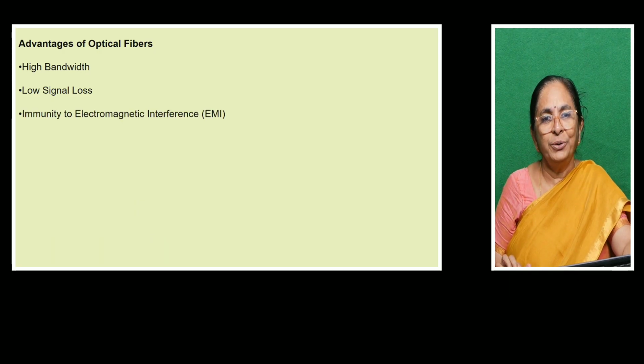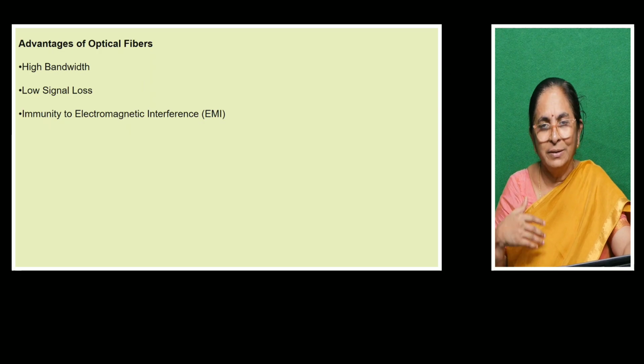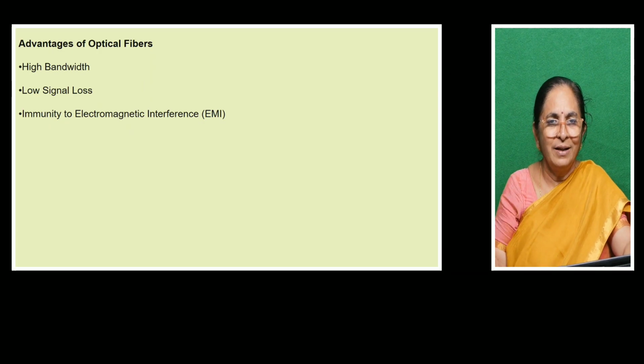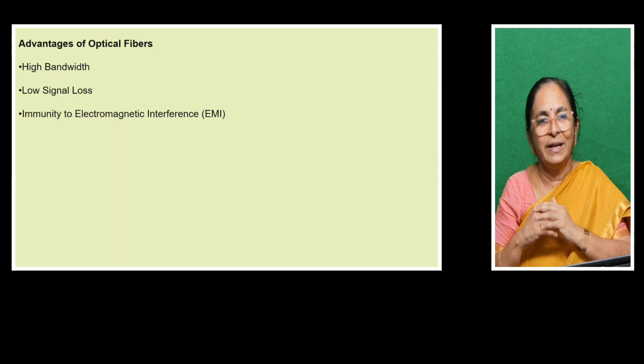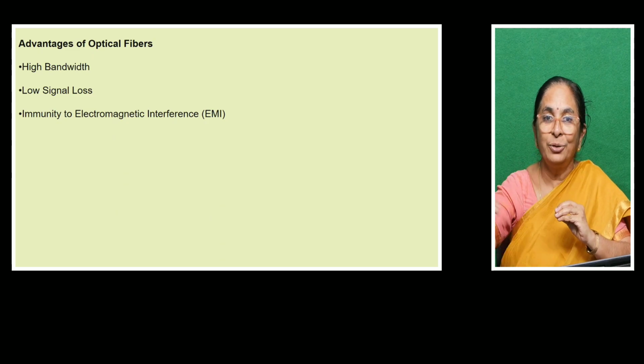And immunity to electromagnetic interference. So all communication uses radio waves, electromagnetic waves. Our earth is surrounded by a magnetic field and then electrical signals. This electromagnetic interference should not affect the data traveling through the cables.